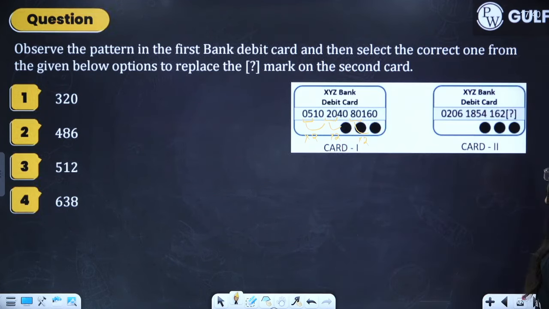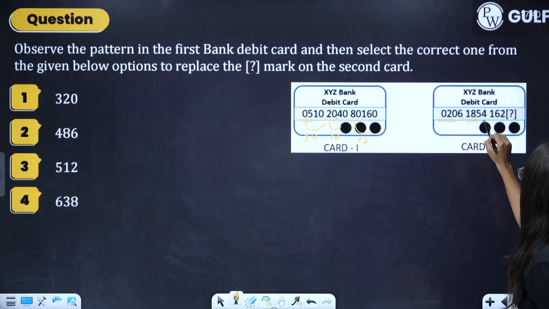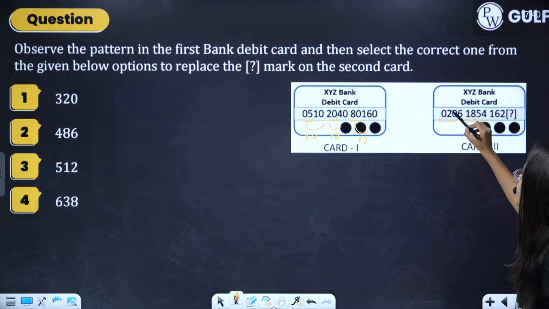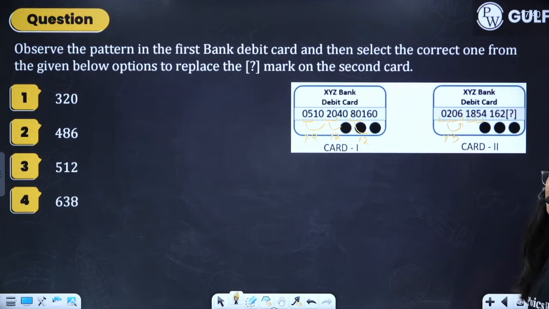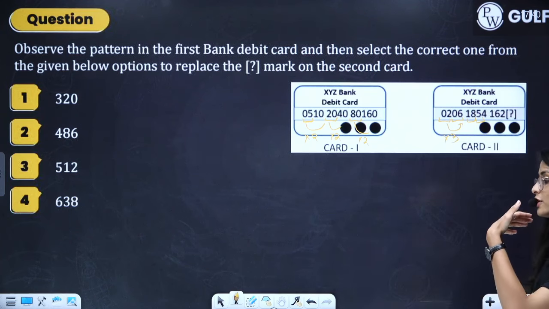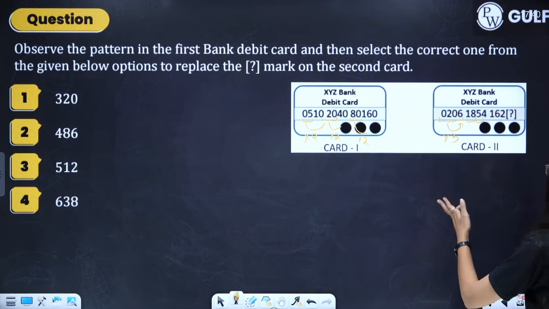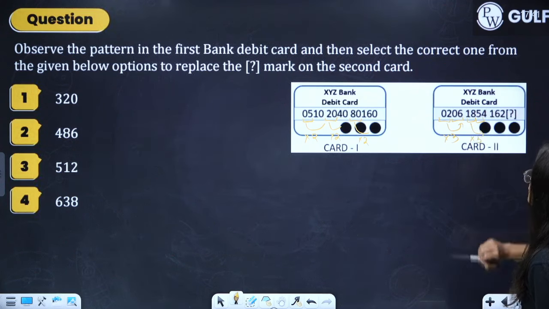For the second card, we can see the group of numbers again. If I multiply 2 by 3, I'll get 6. So here it's multiplied by 3. The first set of numbers is multiplied by 3, and you have obtained the second set of numbers. Similarly, 18 multiplied by 3 gives you 54.